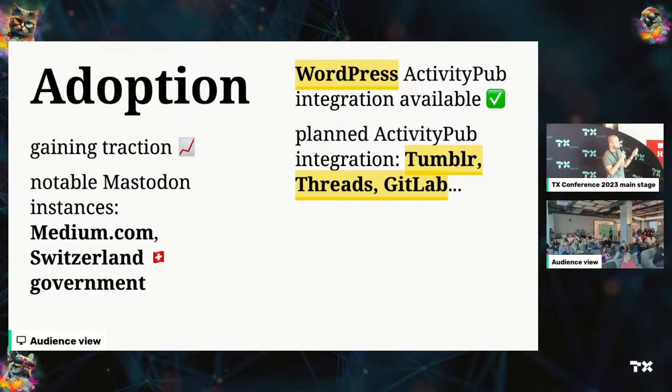But even more interesting are the planned ActivityPub integrations. The really important one is Threads. It's Meta's Threads. It's also basically a Twitter copy, but this one is being developed by the largest IT company, probably, the Meta behind Facebook.